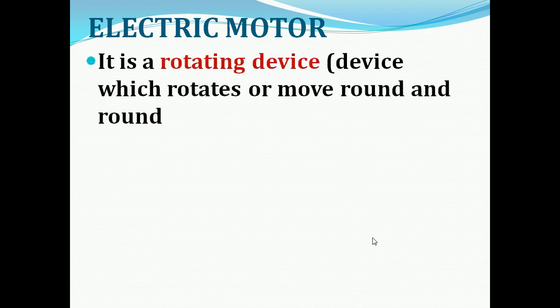Now we are moving to electric motor. An electric motor works based on the principle of alternate current, which reverses the direction of current. We will see the working principle of electric motor now. First, what is meant by electric motor? It is a rotating device which rotates or moves round and round.